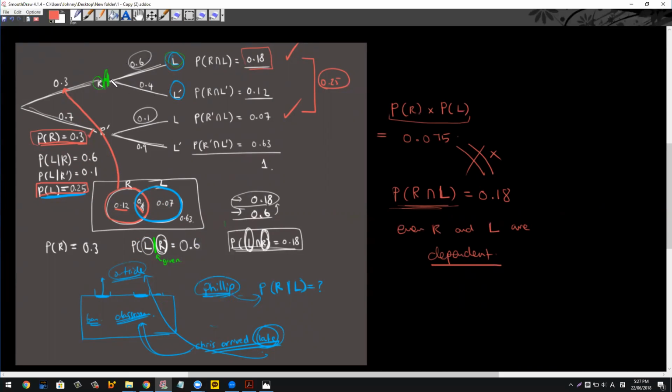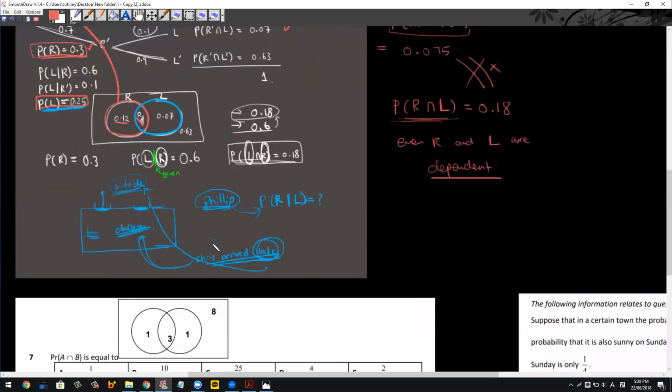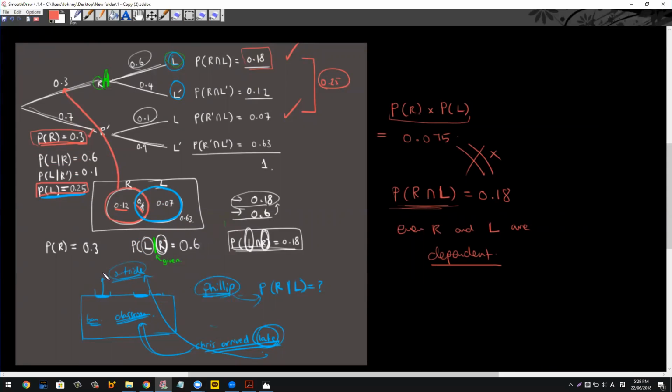Yeah, it does, right? Because here, probability of late is 0.6, and here it's only 0.1. So you can see that 0.6, 0.4, 0.1, 0.9, these change depending on whether it rains or not. So that is the reason why this is a dependent probability. And we concluded last lesson with this question here.